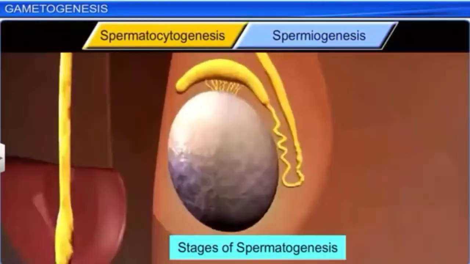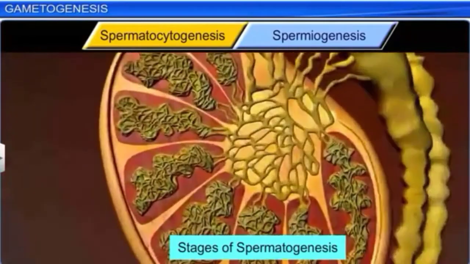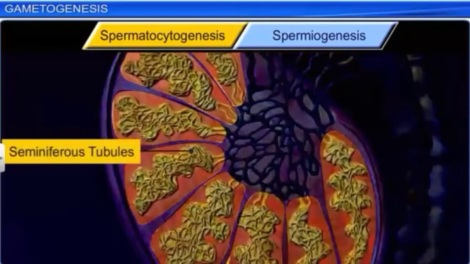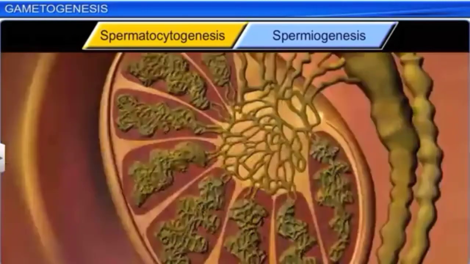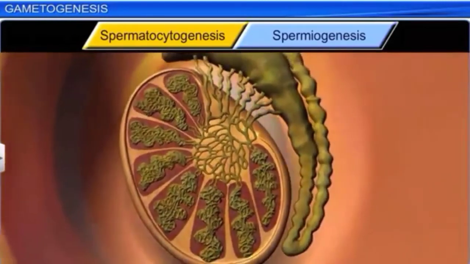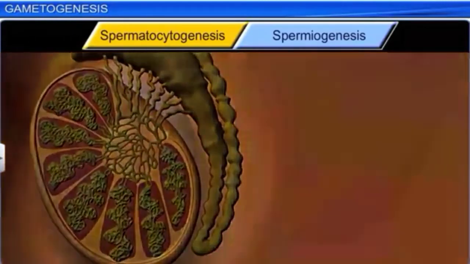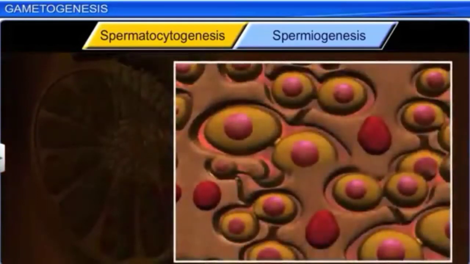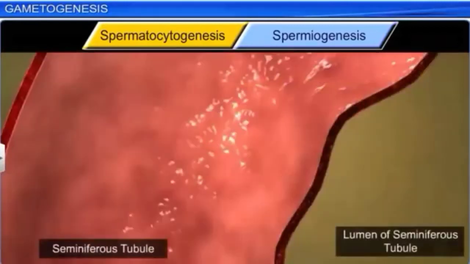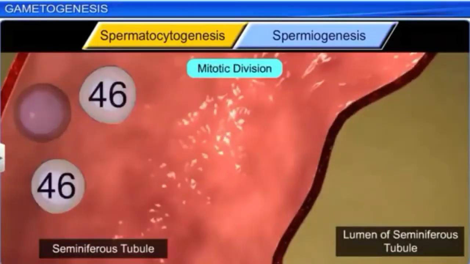Spermatocytogenesis, the first stage, occurs in the seminiferous tubules, whose inner walls are lined with spermatogonia, the diploid male germ cells containing 46 chromosomes. Some of these spermatogonia divide mitotically to form two daughter cells.